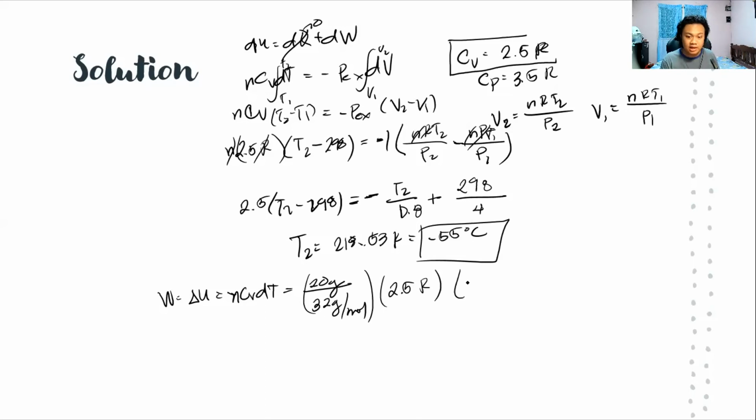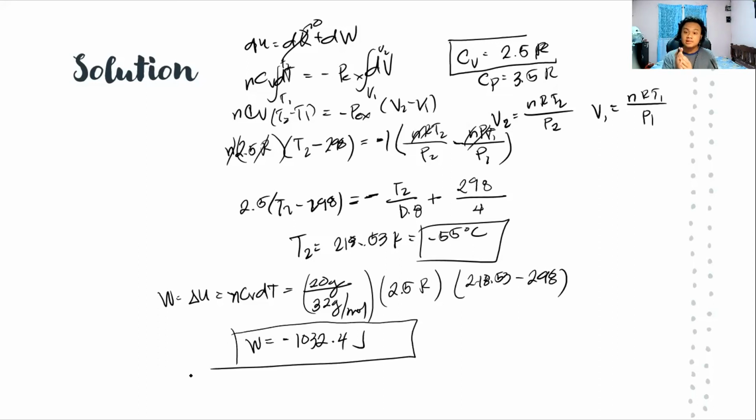And then we have T2, which is 218.53 minus T1, 298 Kelvin. And then you will get the work, negative 1032.4 joules. Okay, so those are the answers for our problem.